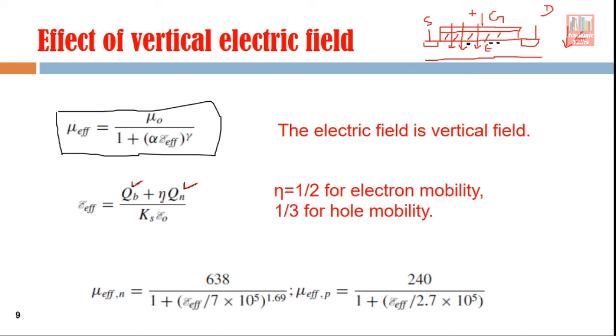That constant will depend on whether it is electron or hole, and it also depends on many other factors. You see here the distribution of carriers in the channel portion. At higher gate voltage this distribution is something like this.